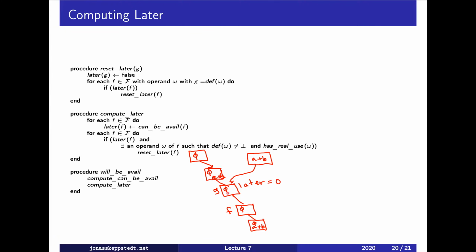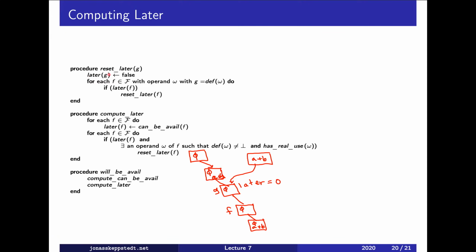Then we need to tell phi functions with operands which are defined by this phi function. So that is done when we call reset later. We call reset later for f, and the parameter then changes name to g.